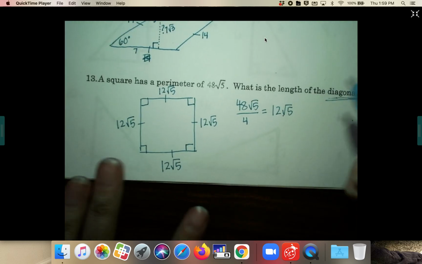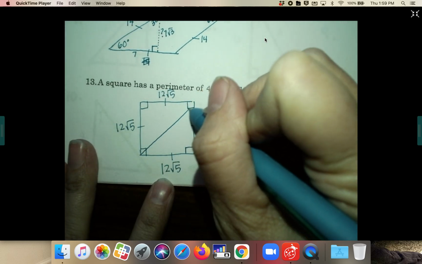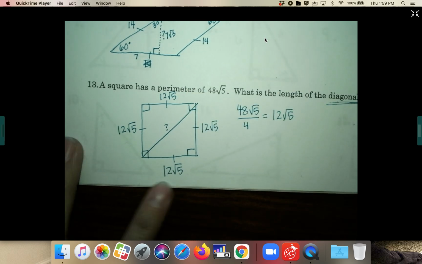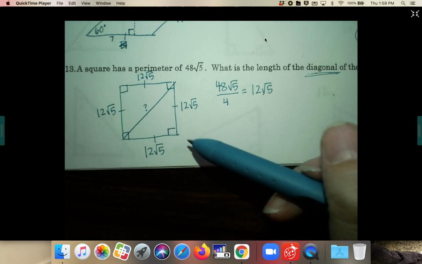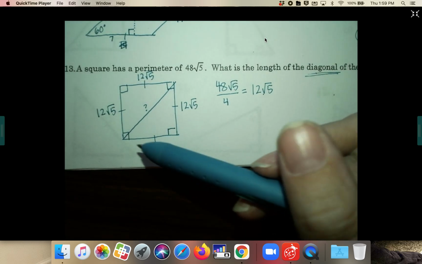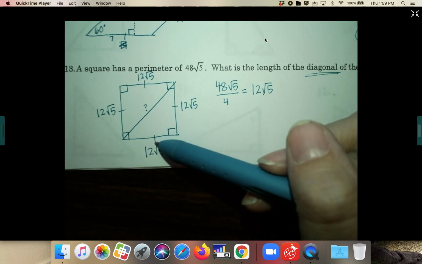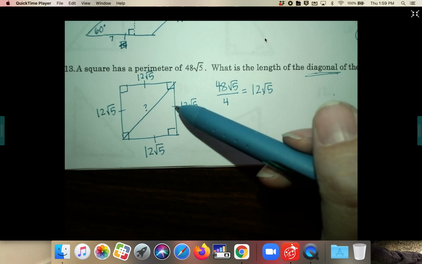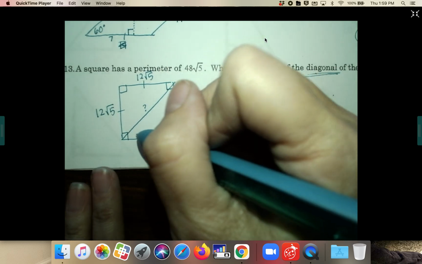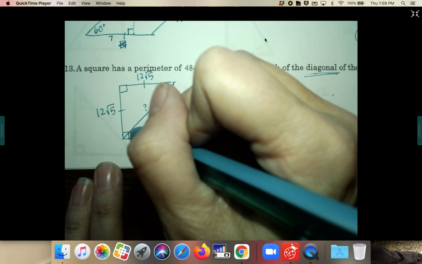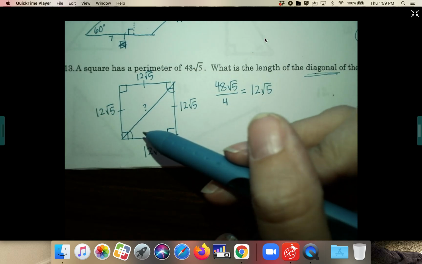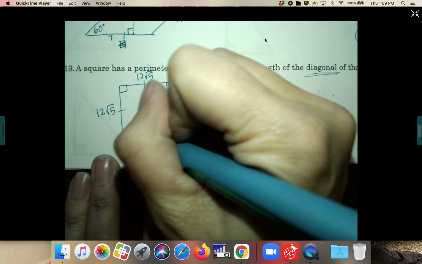So actually, we just need this length right here. And I hope that you know that this is a 90-degree angle, but a square would be evenly cut into, since this is the same side length as this would be an isosceles triangle, which means the base angles are the same, which gives us a 90 and 45, 45 triangle.